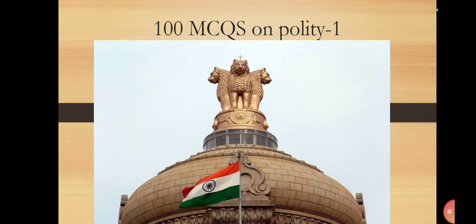Question number 75. Consider the following statements relating to the procedure of election of the Speaker and Deputy Speaker of the Lok Sabha. The Speaker is elected by the Lok Sabha from amongst its members as soon as may be after its first sitting. Whenever the office of the Speaker falls vacant, the Lok Sabha elects another member to fill the vacancy.